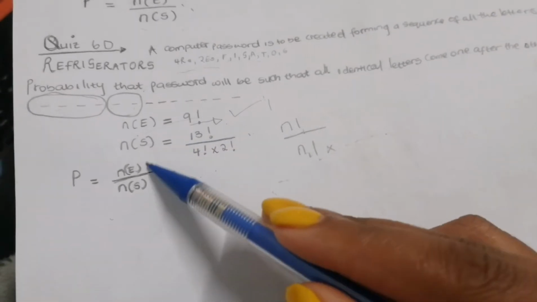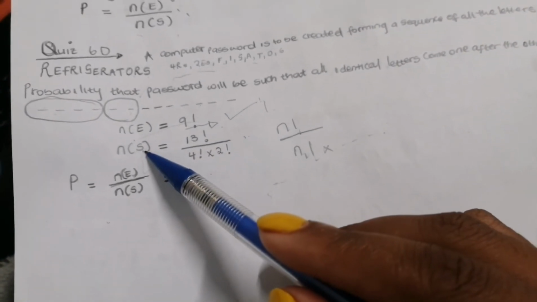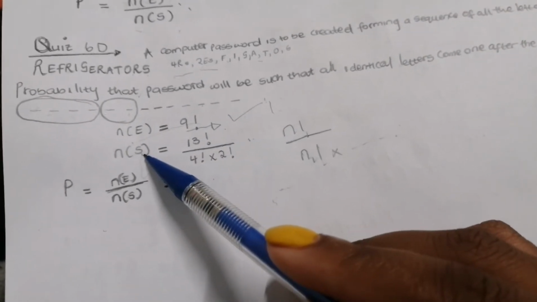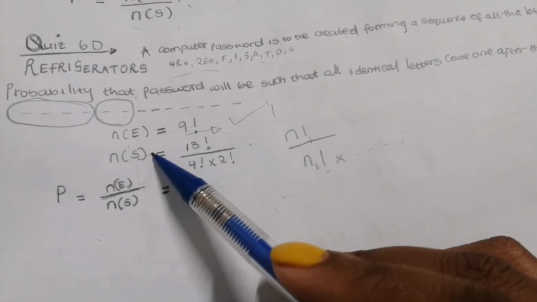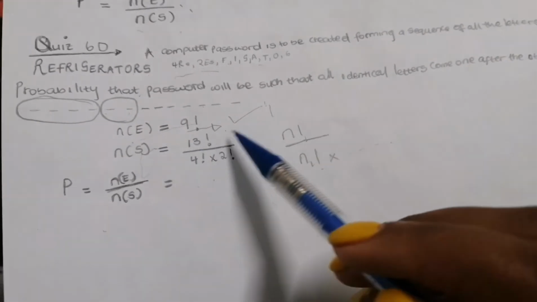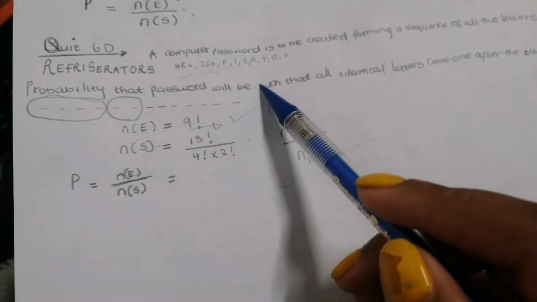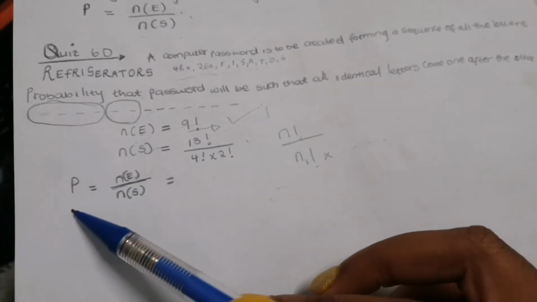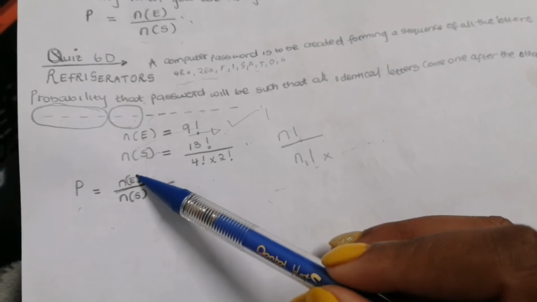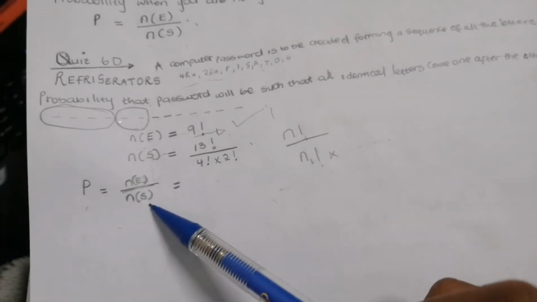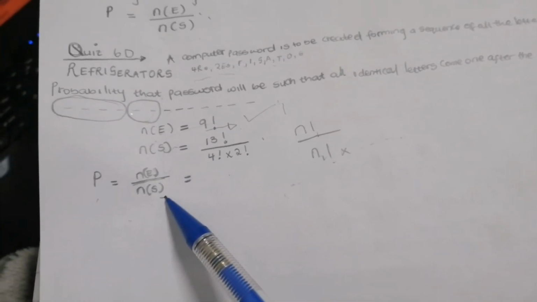For the sample space, you are calculating all the possible outcomes you can have, right? And then your NE, you are solving for the condition, and then your probability will be your NE divided by the sample space.